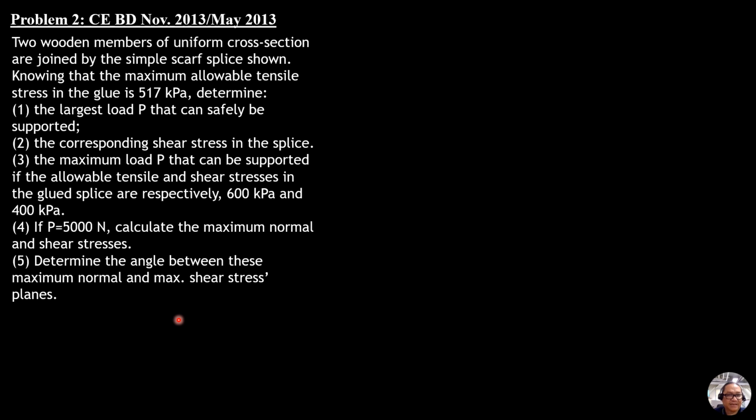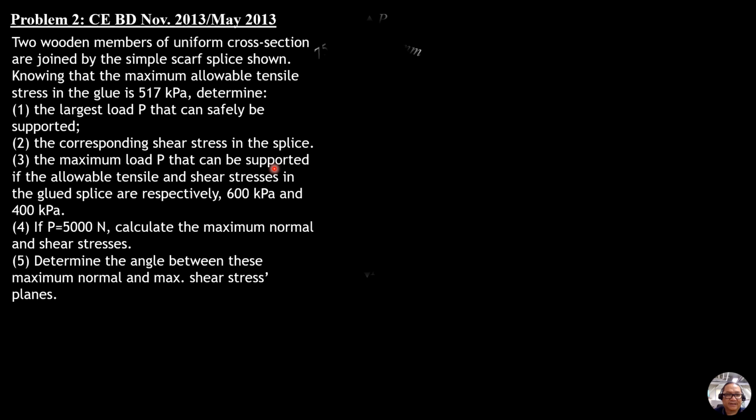So first, I'll develop a formula for direct normal stress and shear stress. So let's draw the figure first. So let me finish the animations first so that there is a synchronous narration and solution.